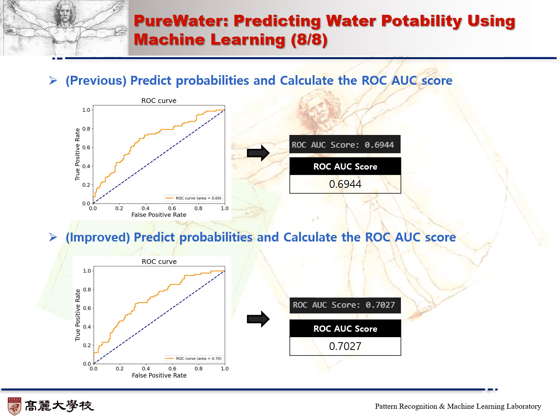Finally, here are the ROC AUC score results, which show improved performance over the previous ROC AUC score. This shows that my method has improved in several areas over the previous model, which confirms the success of the project.